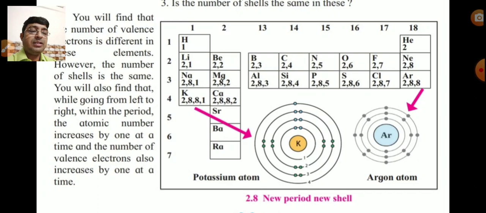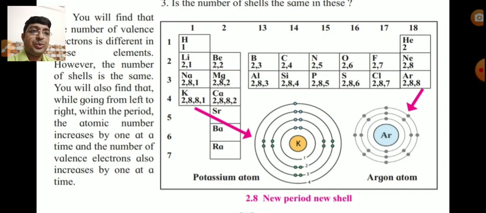So the atomic number 11 also indicates the same number of electrons. So these 11 electrons are distributed in the shells like this. 2 electrons in the first shell, 8 electrons in the second shell, and 1 electron is filled in the third shell. So 2,8,1 is the electronic configuration of sodium.